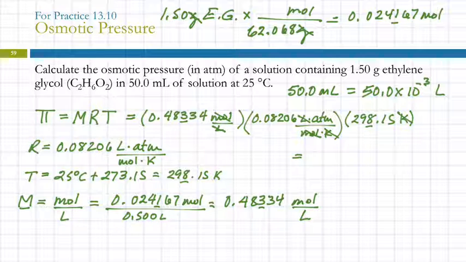This really seems too simple to be true, that the osmotic pressure is equal to the ideal gas constant times the temperature times the molarity, which is moles per liter, and yet it is. This isn't calculating the pressure of a certain quantity of gas. It's calculating the pressure to prevent osmosis. Make sense? They are very similar.